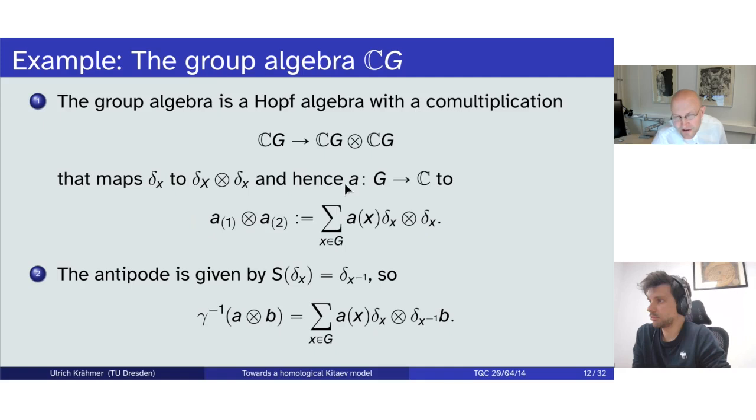In other words, if you give me an arbitrary function A from the group G to C, the co-multiplication of A will be given by this expression here. And the antipode now really just maps delta x to delta x inverse. So it's a linear extension of the inversion of a group element. And the inverse of this canonical map is therefore given by this formula. Okay, so group algebras are Hopf-algebras.